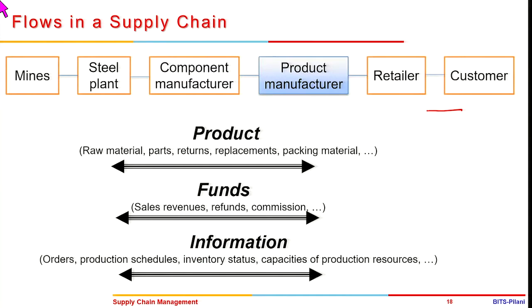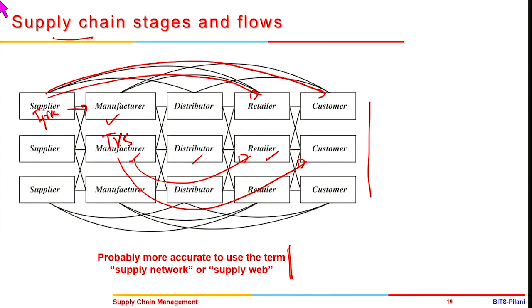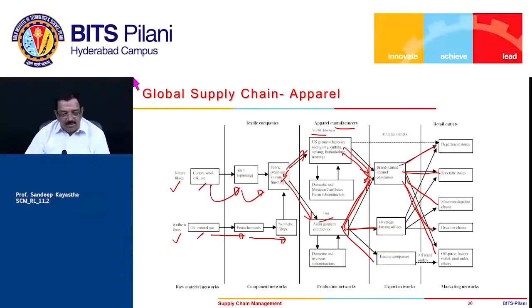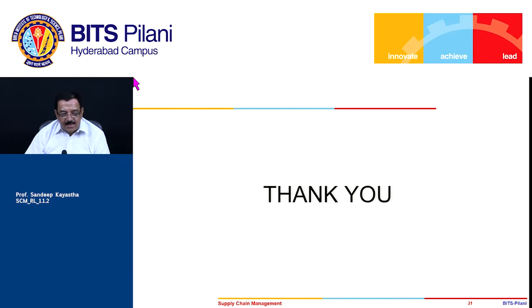When we look at this particular diagram, each entity had one output and one input. But when we look at real supply chains, an entity may have several inputs and several outputs. So the importance of flow cannot be underestimated for a supply chain.